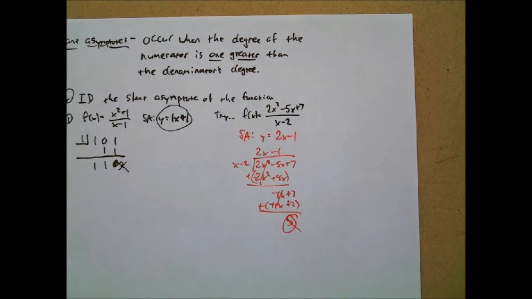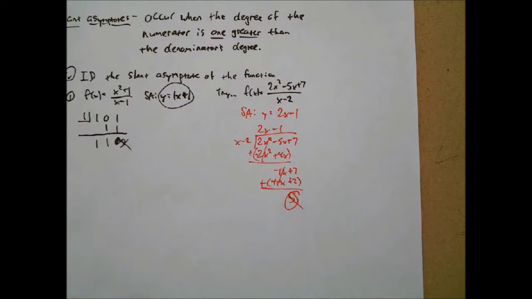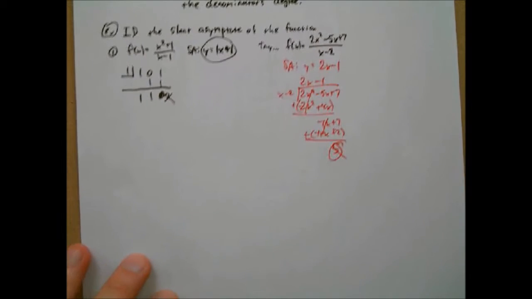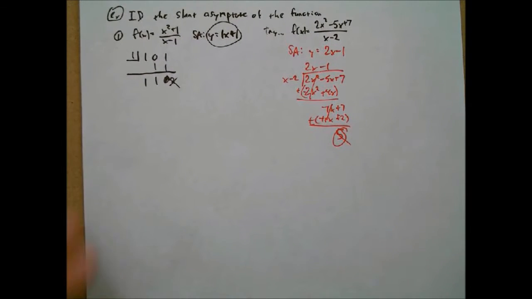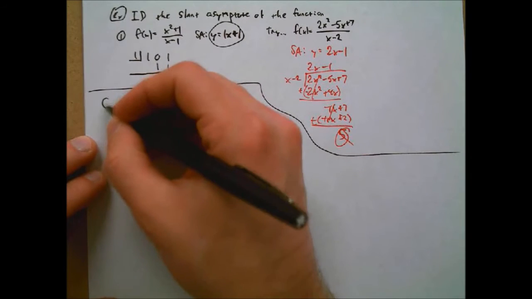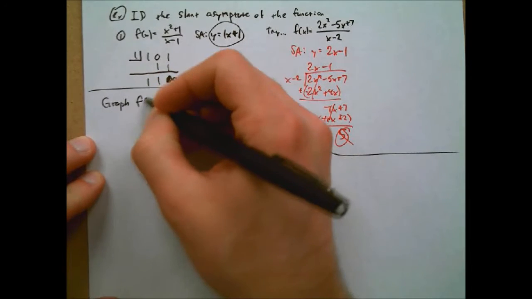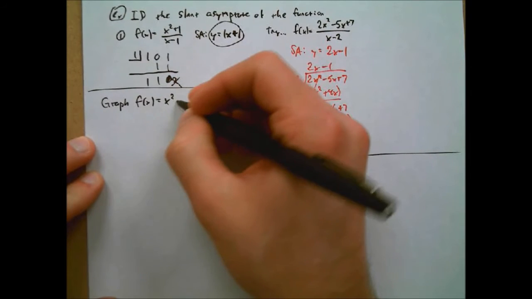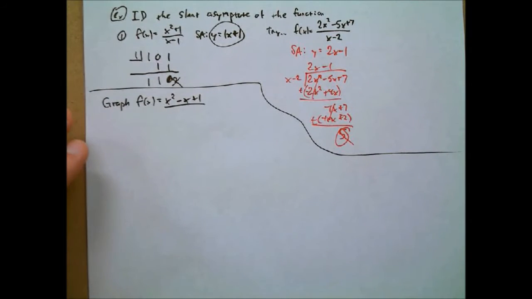All right, so let's actually do one with a slant asymptote then. This will be the one that we do for some practice here. We're going to graph x squared minus x plus 1 all over x minus 1.